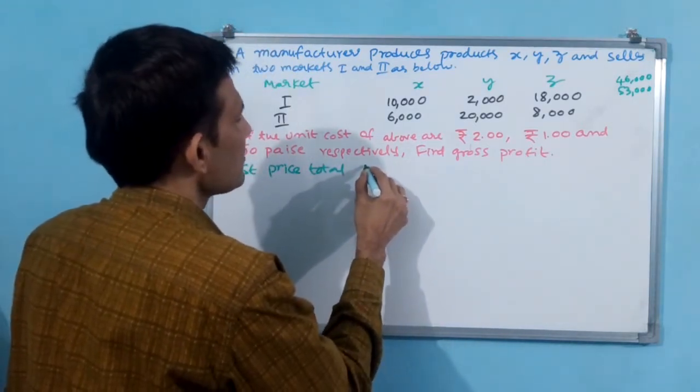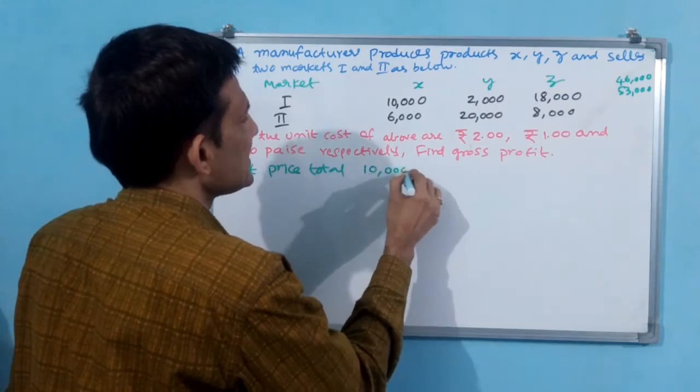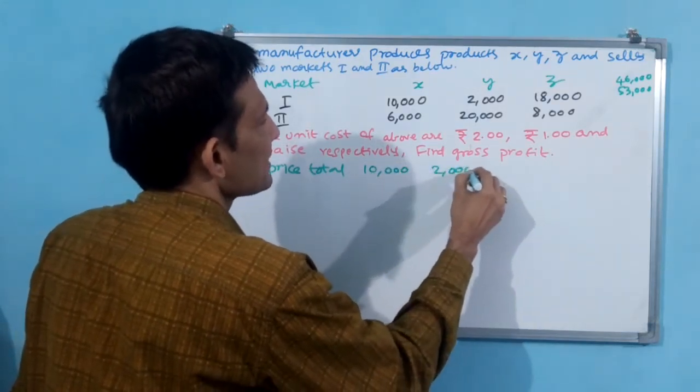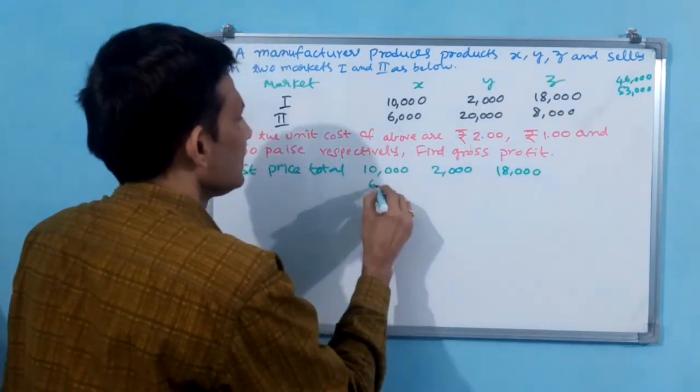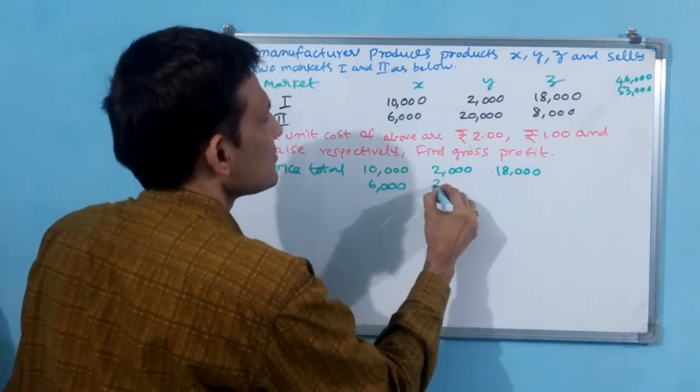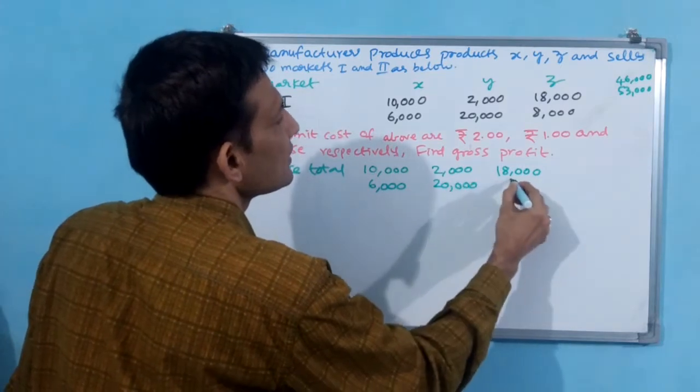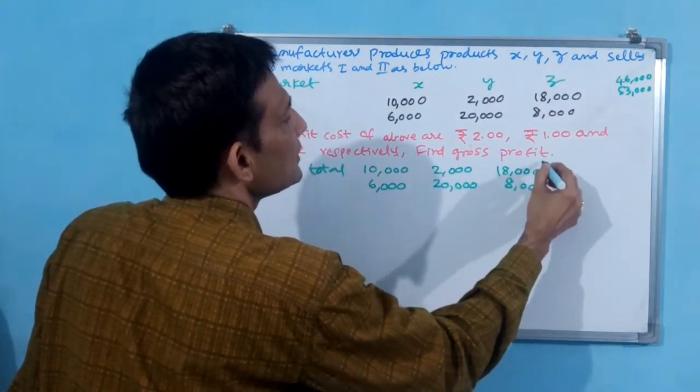Write down 10,000, 2,000, 18,000, 6,000, 20,000, 8,000.